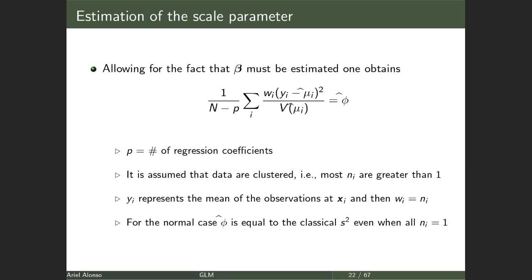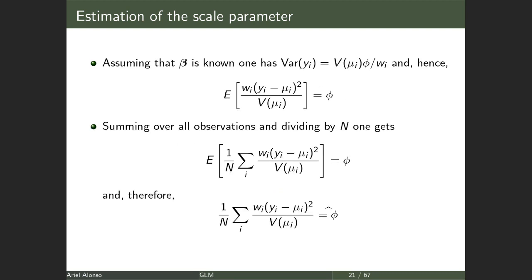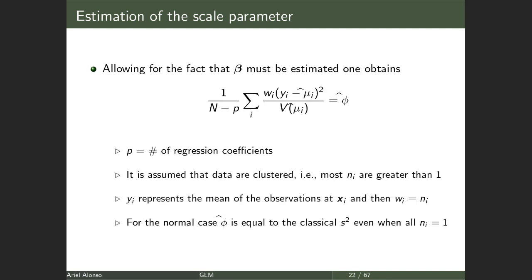So we were assuming that you had beta, but we don't have beta. So you need to estimate beta, and once you estimate beta, you can estimate the mu, obviously, because the mu depends on the beta. So you need to take that into account, and that's the reason why we don't divide by n, but we divide by n minus p, where p is the number of parameters in your model, and now you plug in here the estimator of the mean.